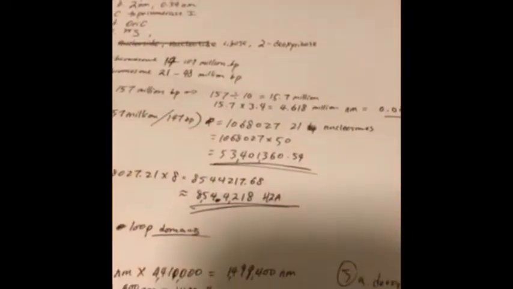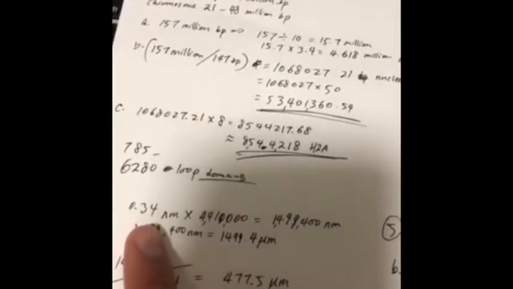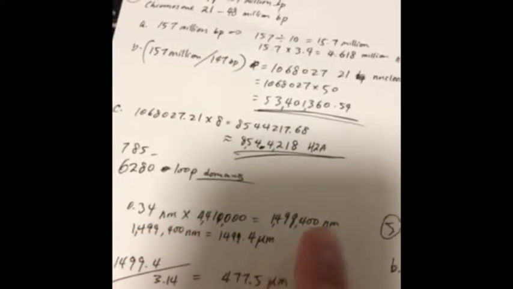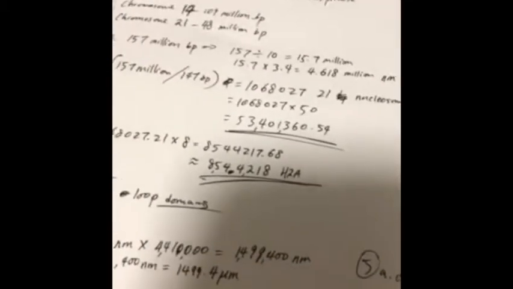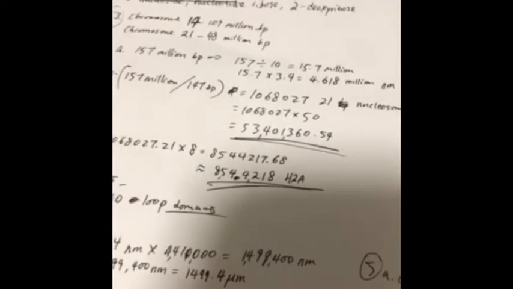For question number 4, it asks us if the chromosome was stretched out linearly, how long would it be in micrometers? So just to calculate that, we use 0.34 nanometers first to get around 1.4 million nanometers, and that's equivalent to 1,499.4 micrometers.